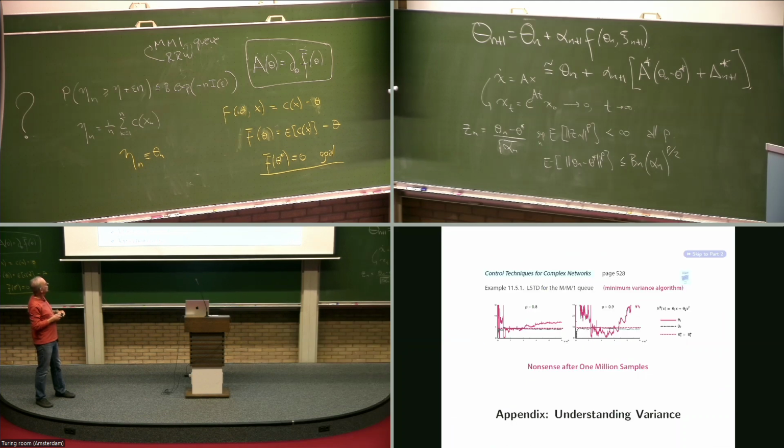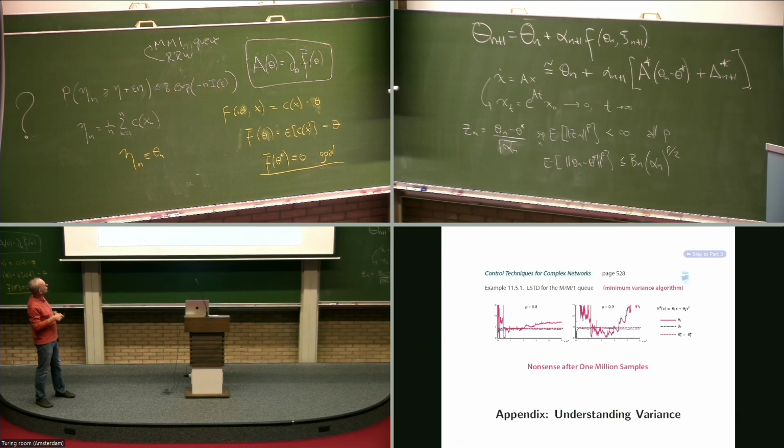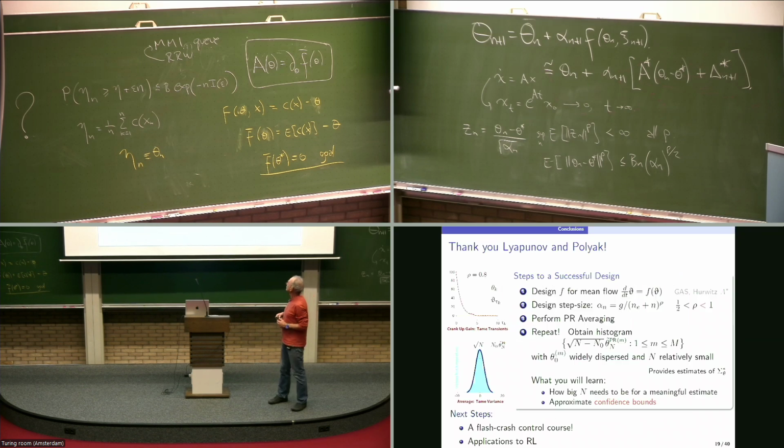If you want to understand the variance formula, why this approximation leads to those formulas for the covariance, the whole thing is here in the slides. You can take a look. All right. I think an hour and 15 minutes is enough for all of us. Questions?